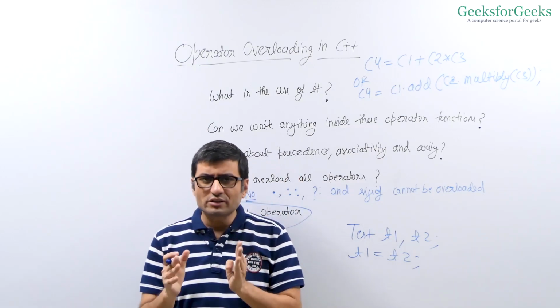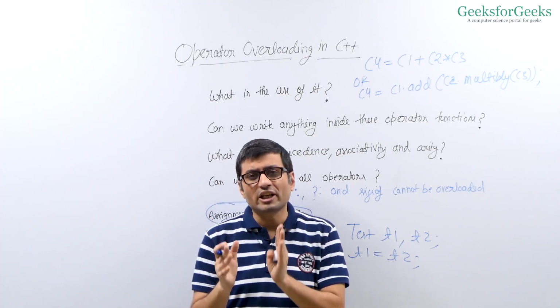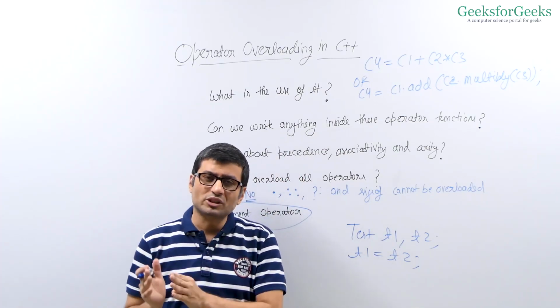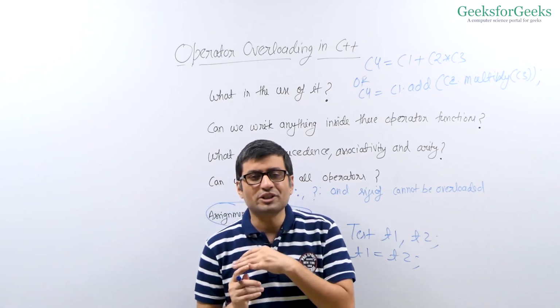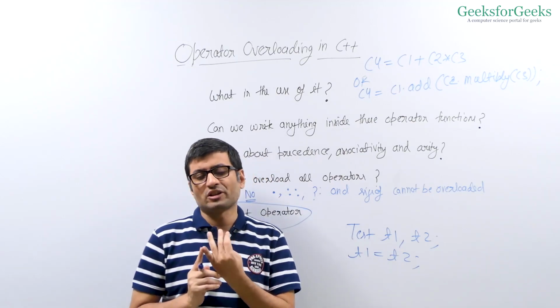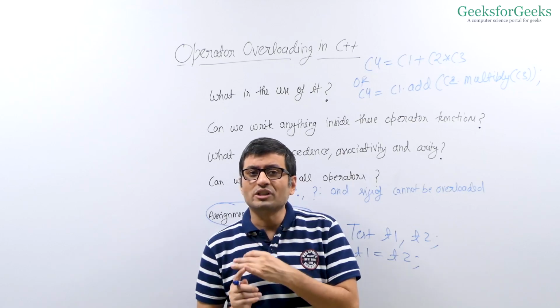So the general rule is, if your class has a constructor that dynamically allocates memory and you have a pointer inside the class that points to this dynamically allocated memory, then you should write a destructor to make sure that there is no memory leak. You should write a copy constructor to make sure that shallow copy does not happen, and you should write your own assignment operator.